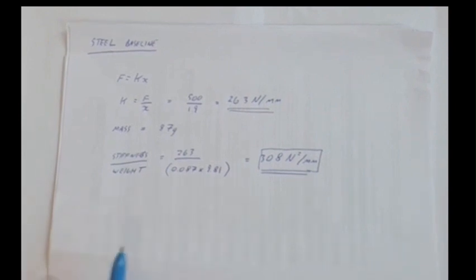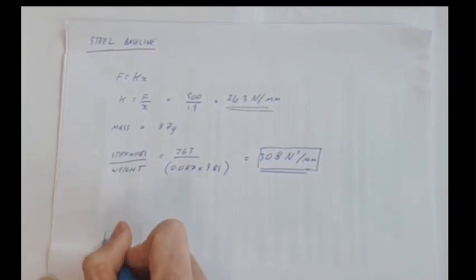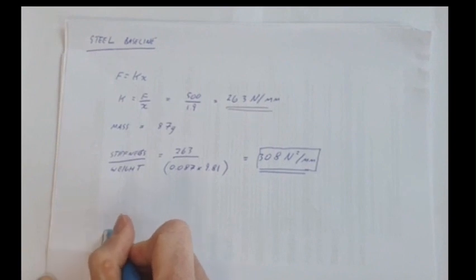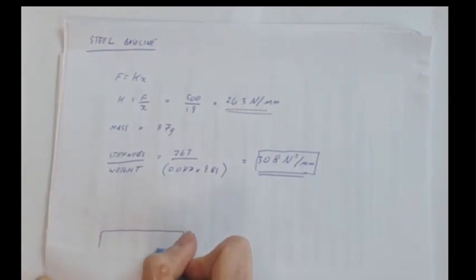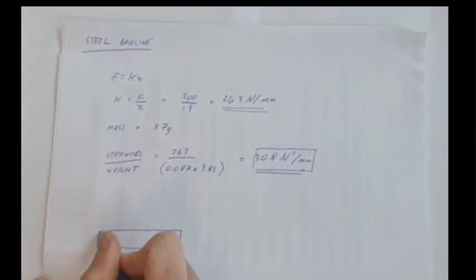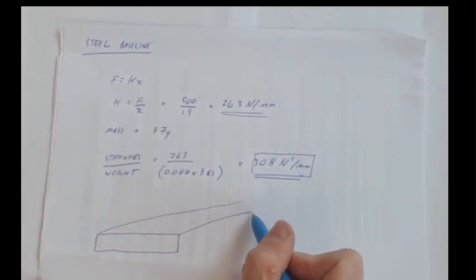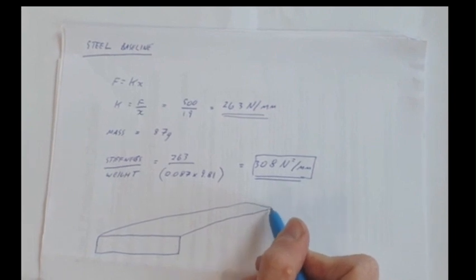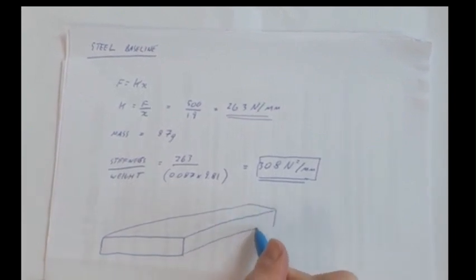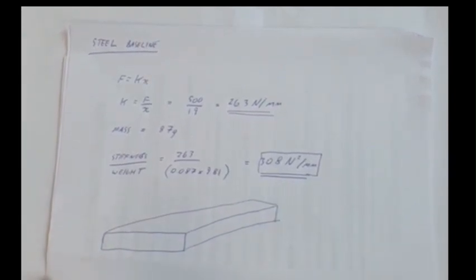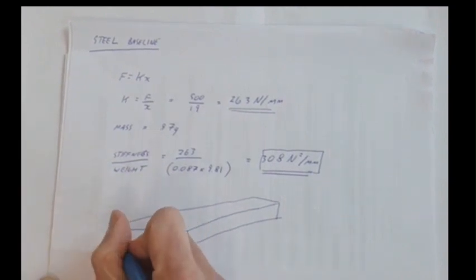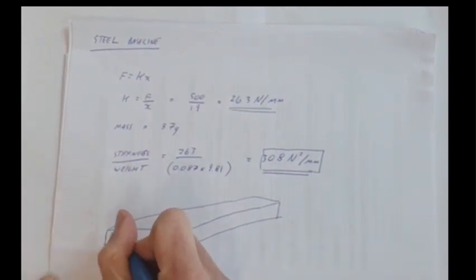We're going to assume that this is made up of a unidirectional composite. So what do I mean by that? If we consider our structure, something like this, I'll try and draw it in 3 dimensions. There's our structure. We've got fibres running lengthways down our structure.